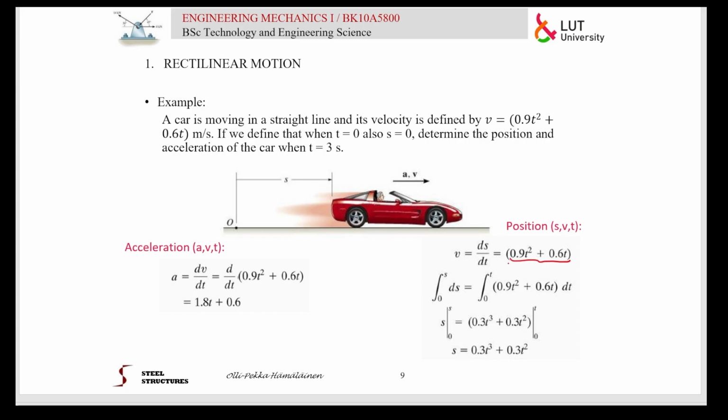Then if I want to know the position, I have to integrate. That's why it appears in this fashion here. If I integrate, I have to use boundaries, which I know: I want to know the position from the starting point, which was 0, until a certain point s that I don't know.